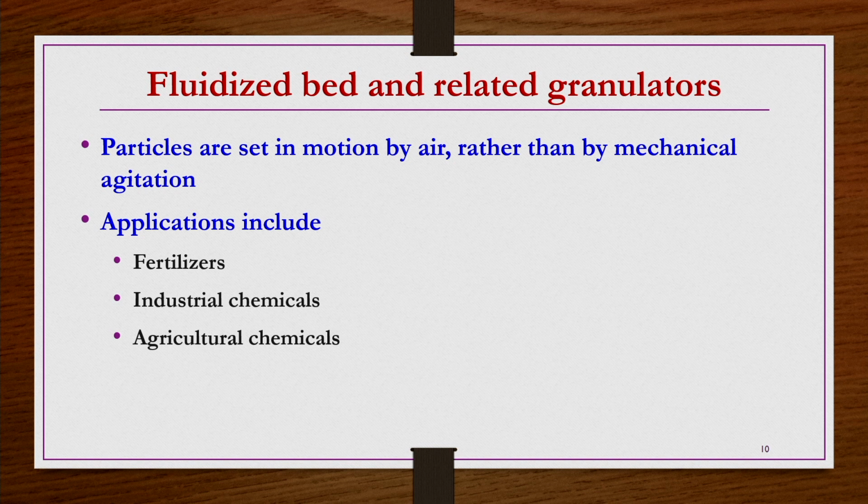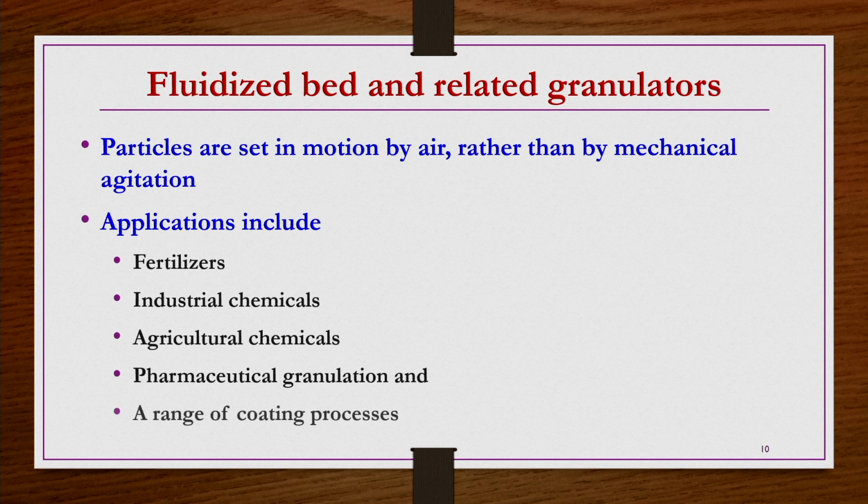Likewise, if you want to granulate pharmaceuticals, these fluid bed granulators are in general used. They are also used for coating purposes, not just for size enlargement or agglomeration or granulation, but also for coating of a few fine particles.